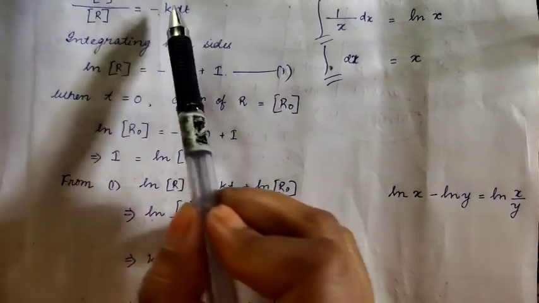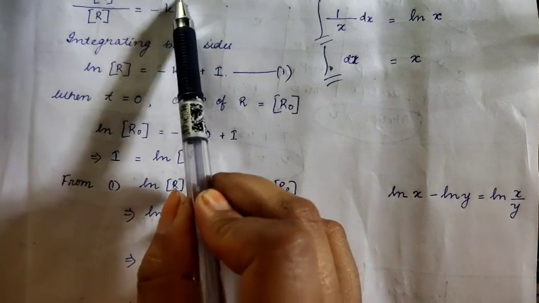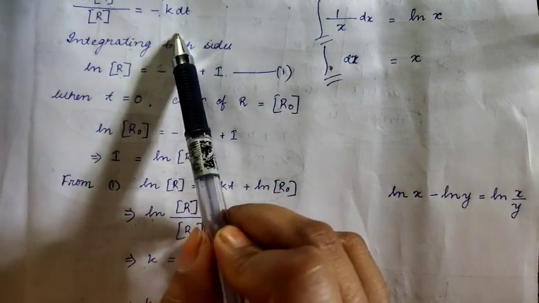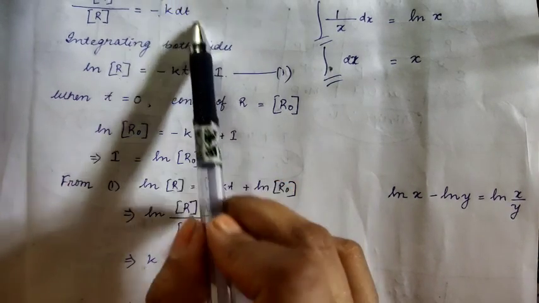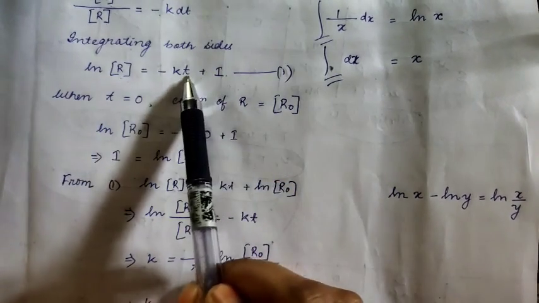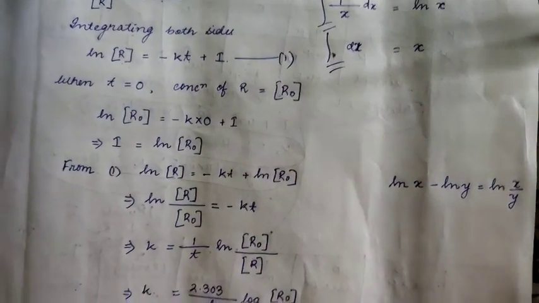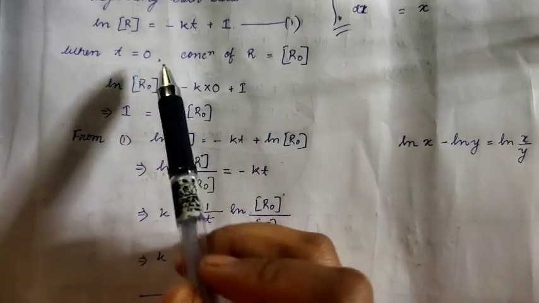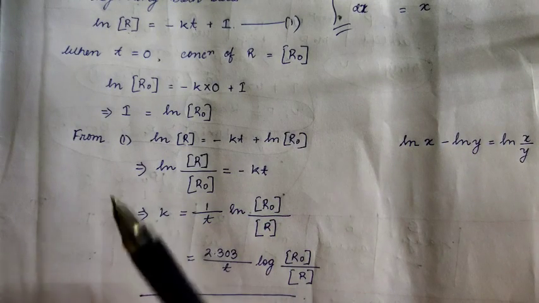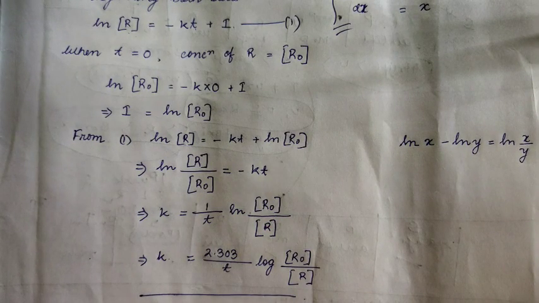Next, since K is constant, it will come outside the integration, and you are left with integrating dt. So you are left with t. We have already discussed this. Next is I, the constant, which you have to put after integration. Using the same method, we consider that the time is 0 and the concentration of the reactant is R naught. The initial concentration of R is not going to change at all because the reaction has not started and we are at time 0.